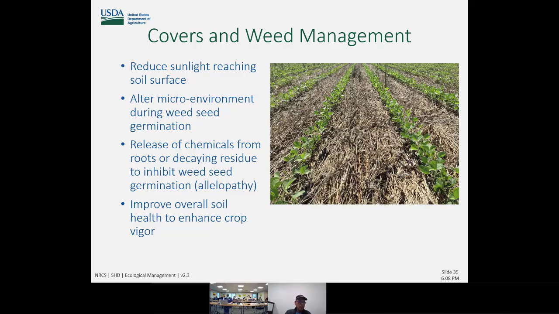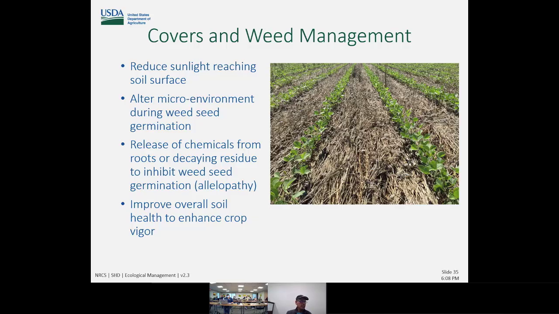The critical period of weed control is up to the 10 leaf stage for corn. If you are applying herbicide after the 10 leaf stage, then it is not necessary, because the plants outcompete the weeds.